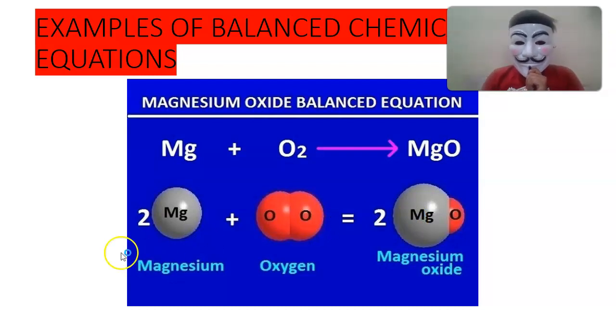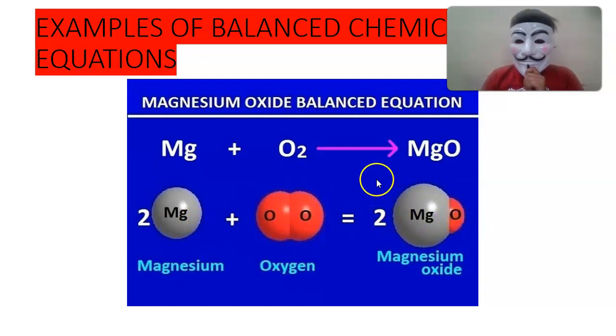To balance it, we will add a coefficient 2 behind magnesium, and also a coefficient 2 behind magnesium oxide, so that it can be balanced. If we add 2 behind magnesium, we get 2 magnesium, and here there are already 2 oxygen, and here 2 magnesium oxide.